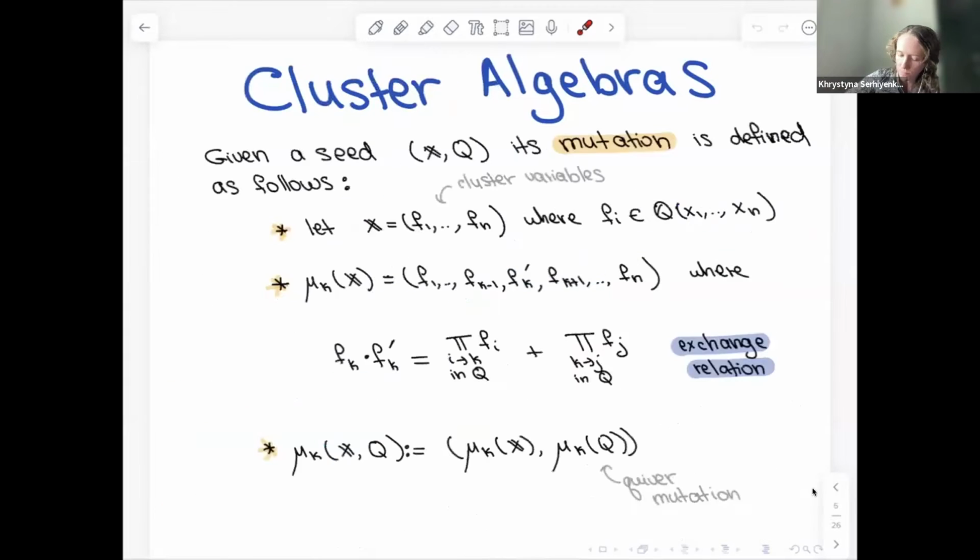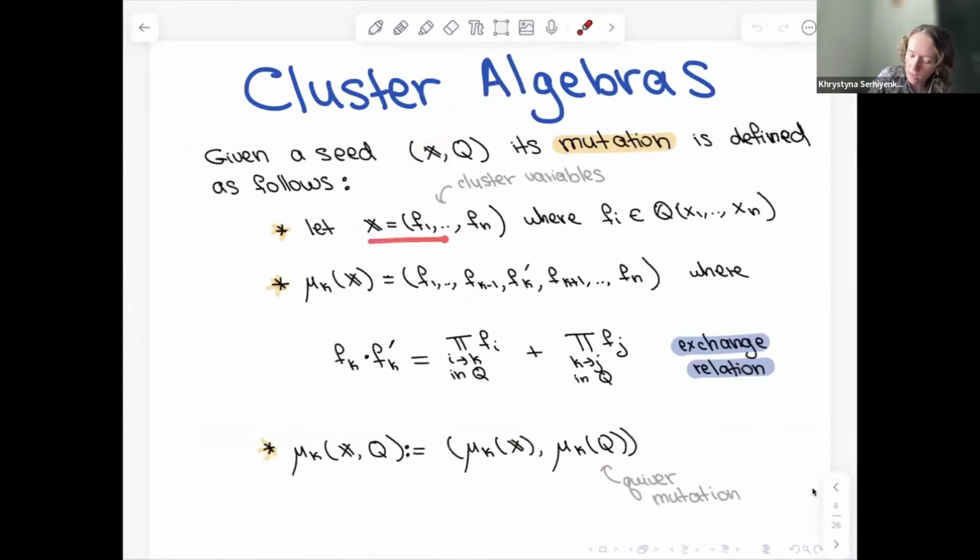Okay, so I just have to tell you what the mutation for the seed is. Suppose I have some seed (x, Q). What is the mutation of that seed? Again, the mutation of the quiver is just the quiver mutation we've seen before. So what is the mutation of the cluster?